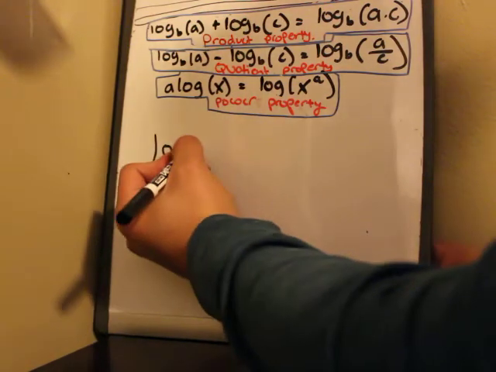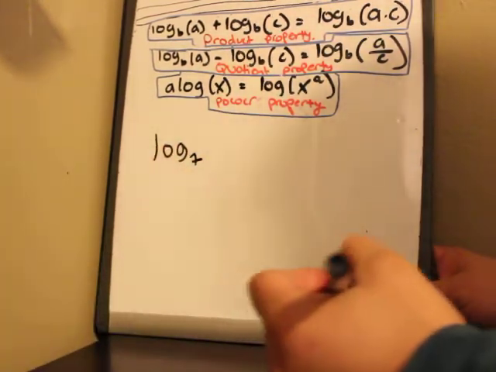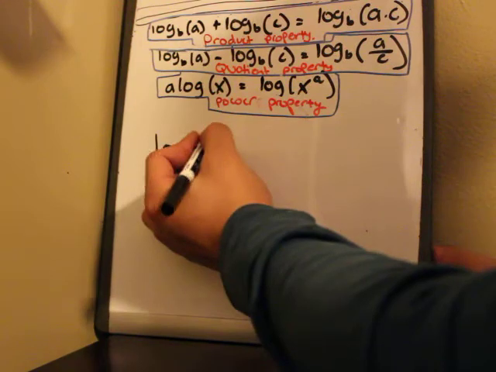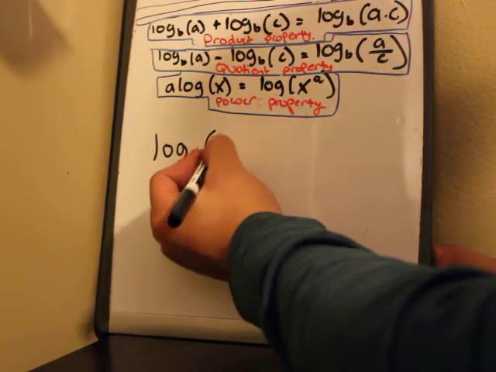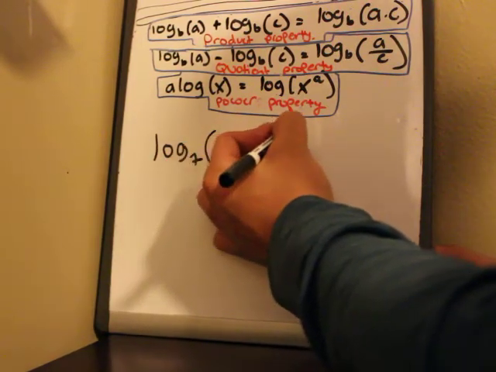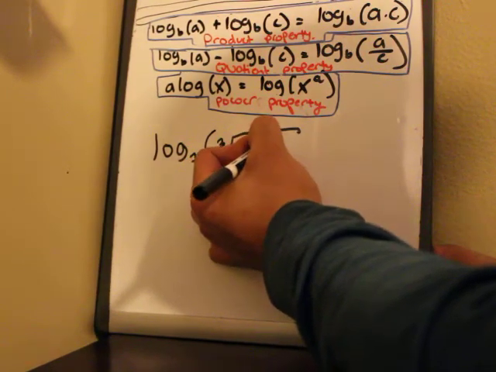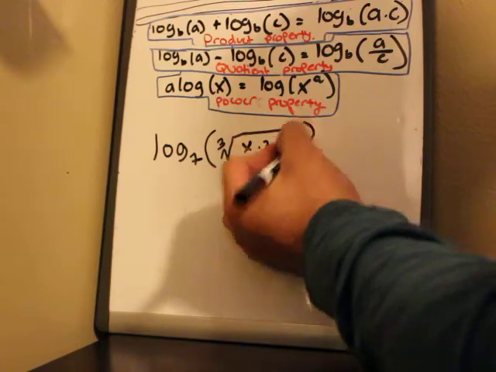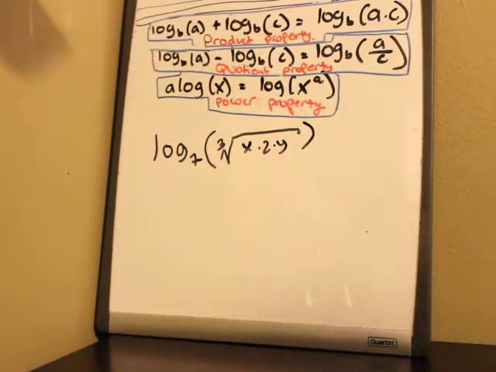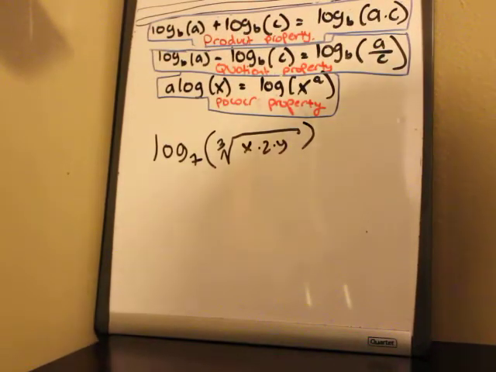So we have something like log base 7, okay, and our input is going to be the cube root of x times 2 times y. Now the first thing that we have to do is convert this.